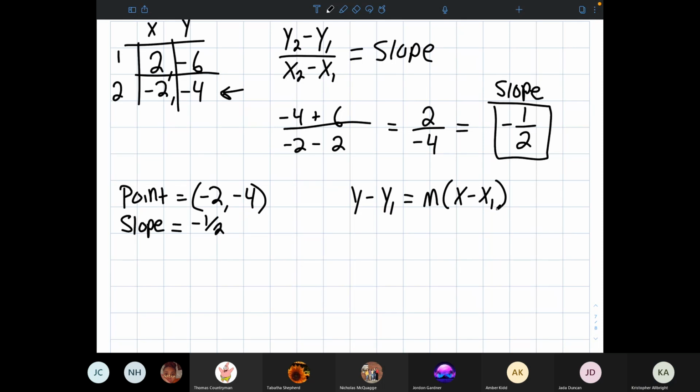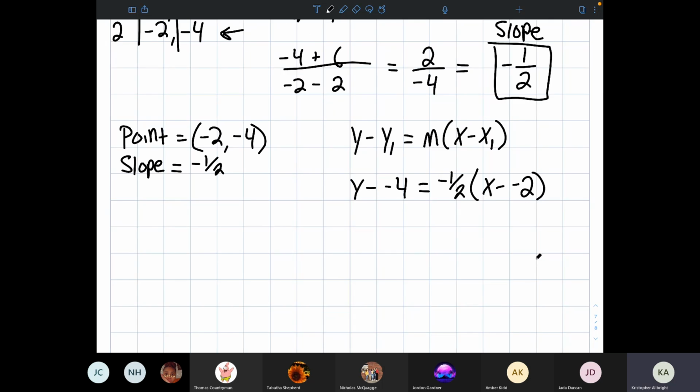So y minus -4 equals -1/2 times x minus -2. When this works out, we end up with y plus 4 equals -1/2 x plus 2. Now we distribute.